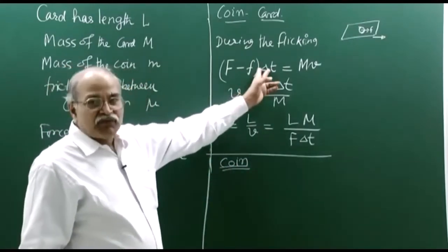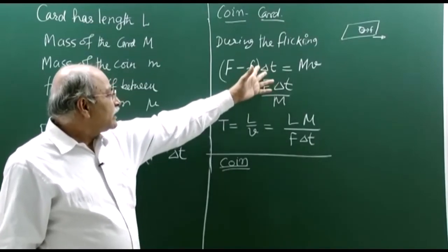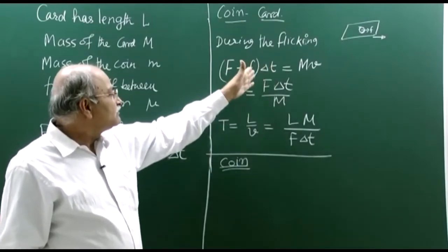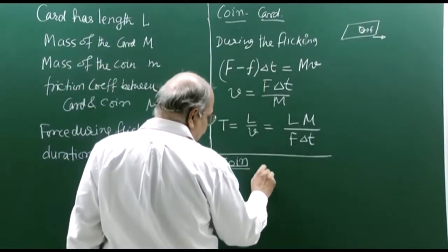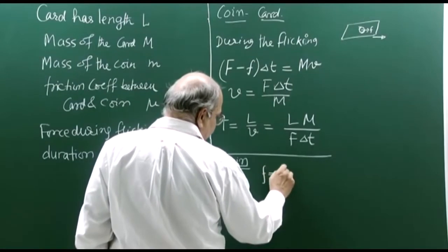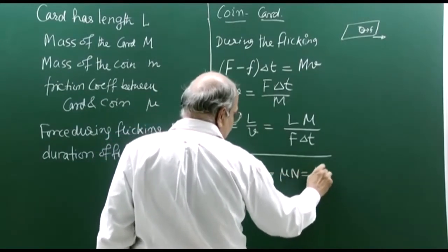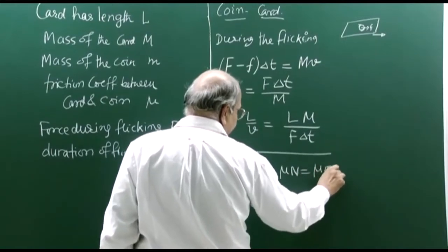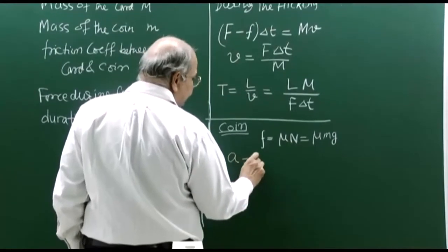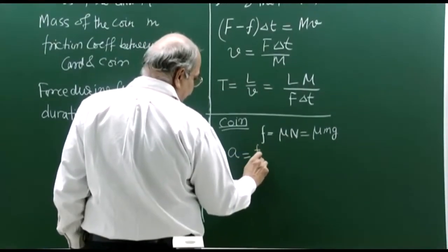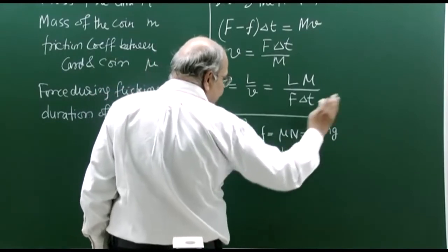This delta t time is small, so we can neglect that, and then after that the force is only friction. So, F is equal to mu times N, which is mu times m into g. There is a frictional force, and hence there is an acceleration, and that acceleration is F divided by m, and that is mu times g in the forward direction.